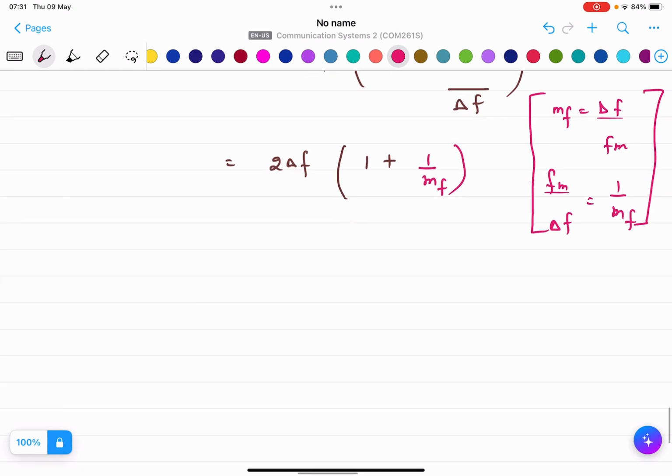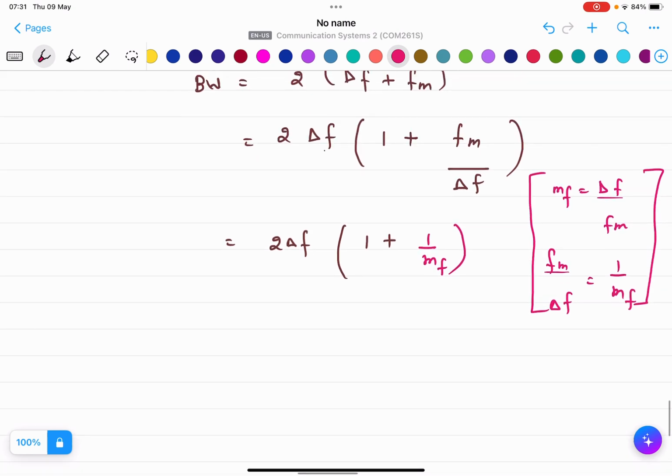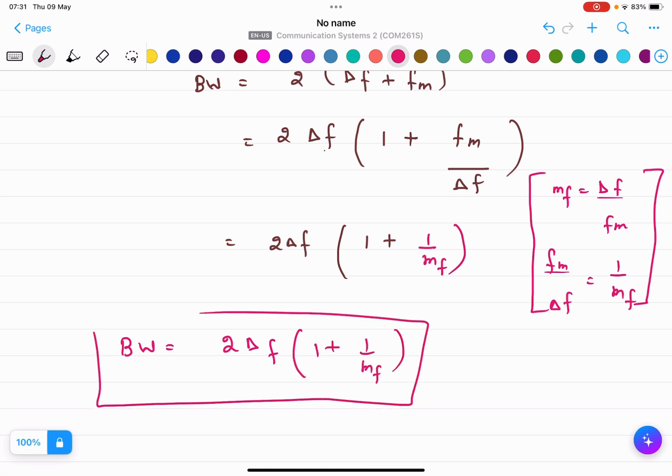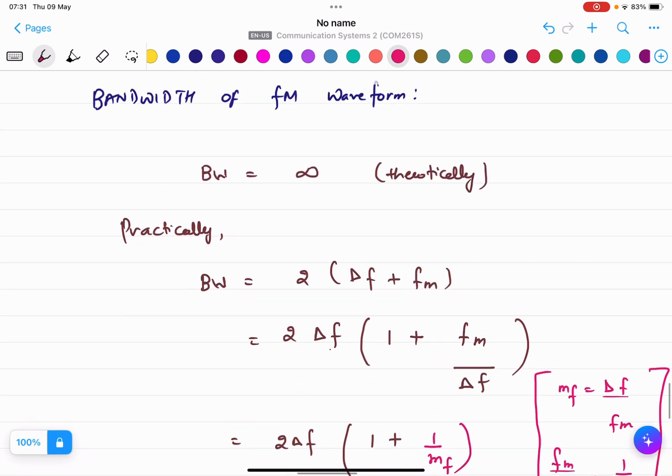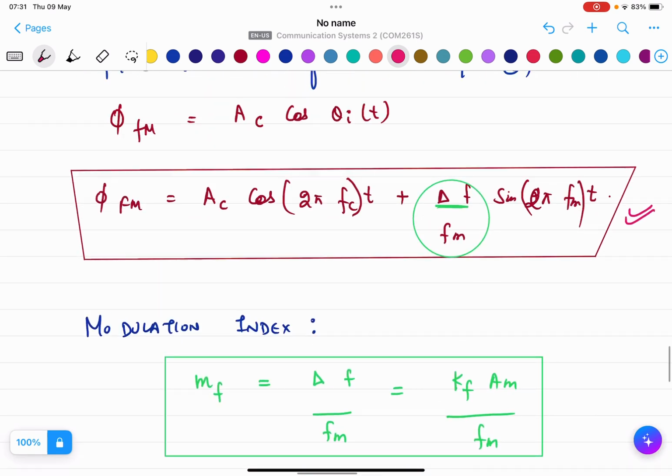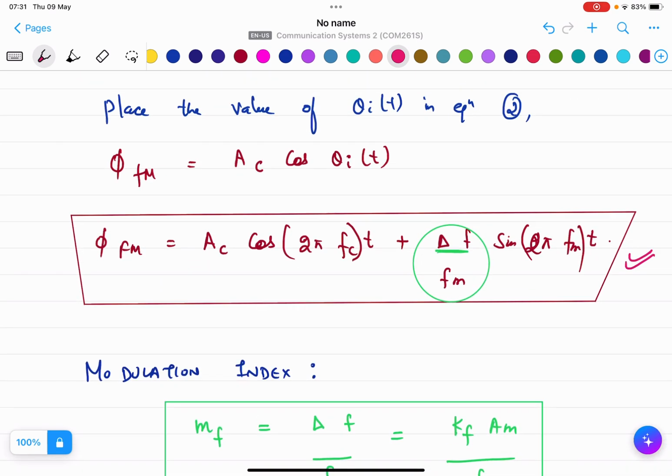So the final formula for bandwidth equals 2 delta f times (1 plus 1 upon mf). Okay, so these are the formulas for the bandwidth, the modulation index, and the derivation of the equation of the frequency modulated waveform. Thank you.